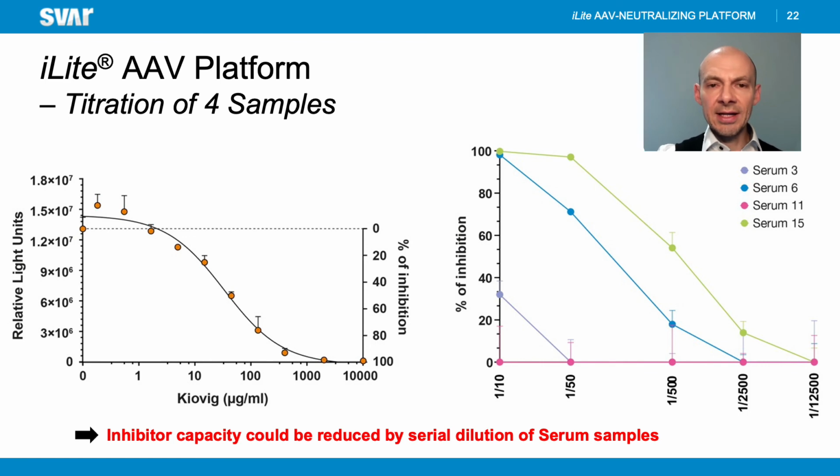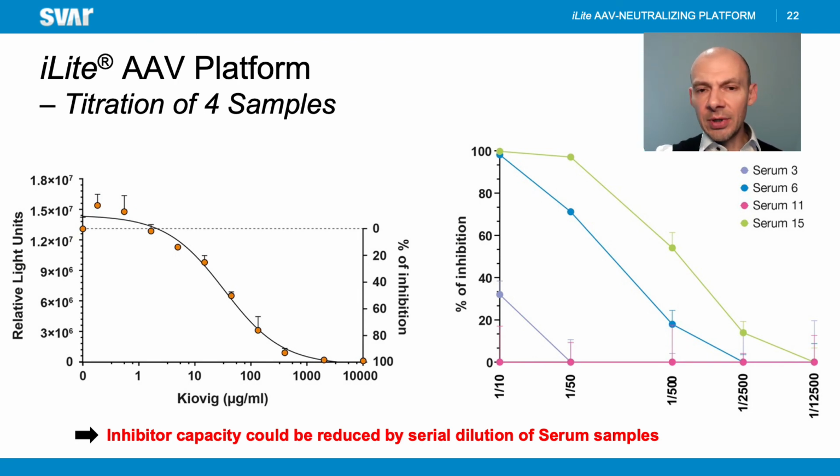In order to analyze the inhibitory effect observed, we diluted these 4 individual samples. Starting point was at 1 to 10, which is the same dilution as used in the original experiment with all 20 samples.